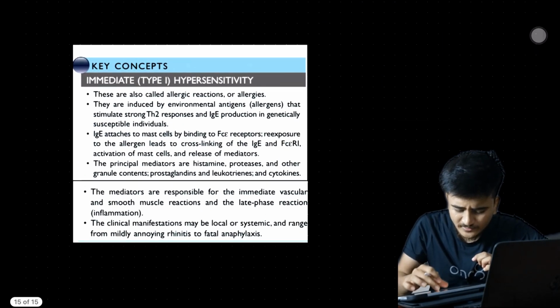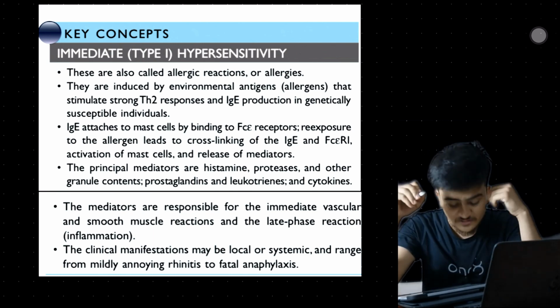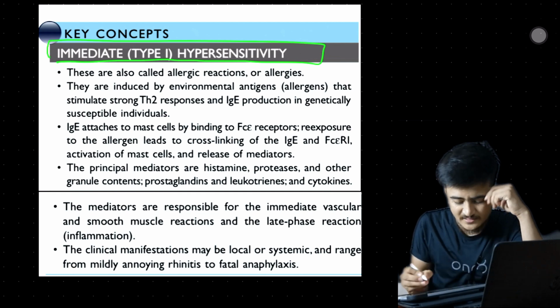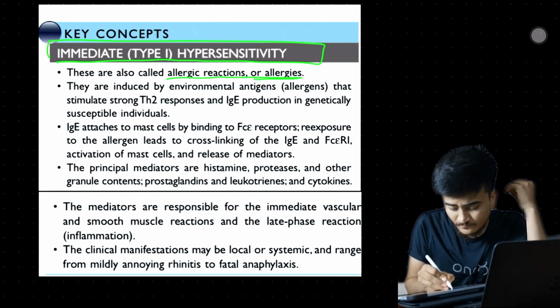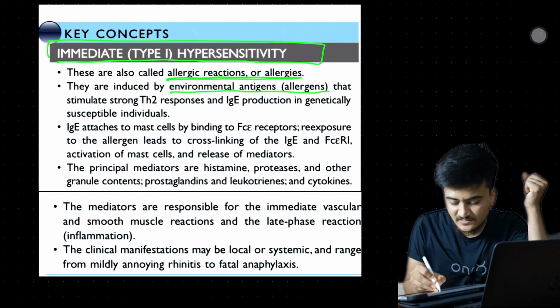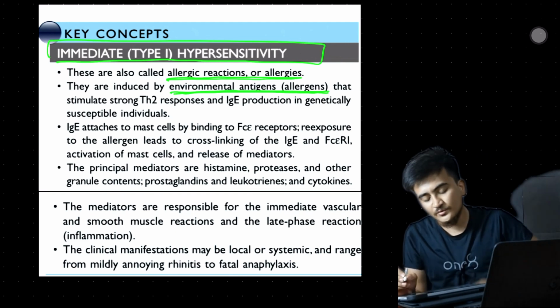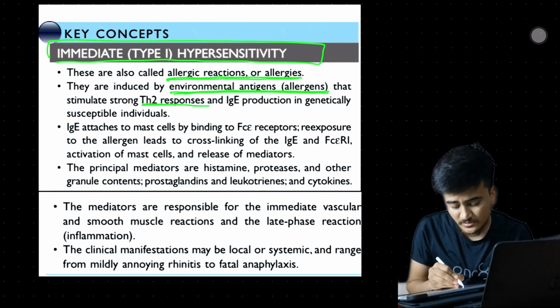Okay, now the key concepts that we have discussed in this topic of hypersensitivity type 1 reaction are these. This is the immediate type 1 hypersensitivity. They are also called allergic reactions or allergies. They are induced by environmental antigens, allergens. Obviously, the antigens entering our body were from the environment. That stimulates what? The TH2 response.